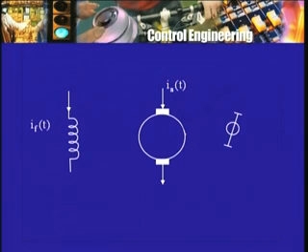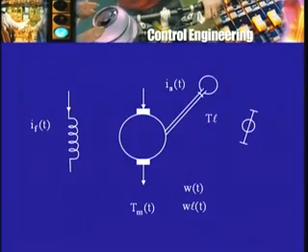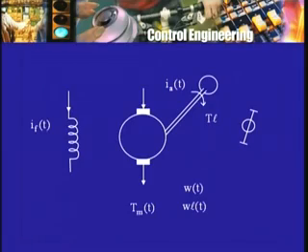So we show this again on the diagram by showing what looks like a shaft going from the armature, or the armature shaft and the shaft of the device which is being driven, and I'll show it here simply as what looks like a disc or a pulley. And to indicate to us that the shaft is rotating, one puts an arrow around it this way.